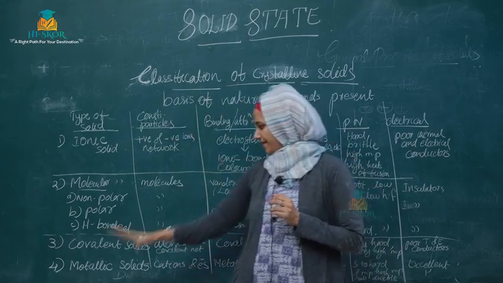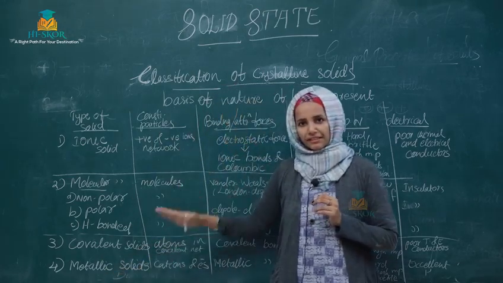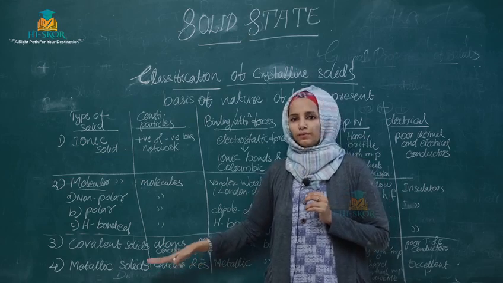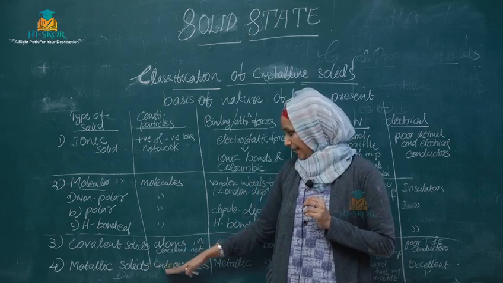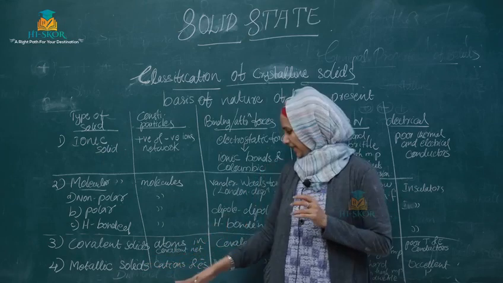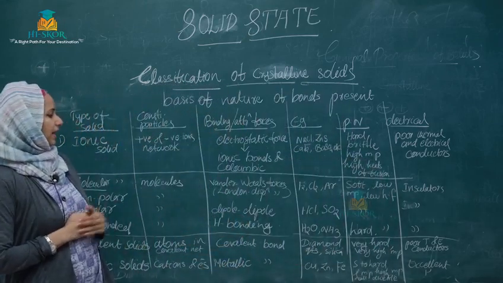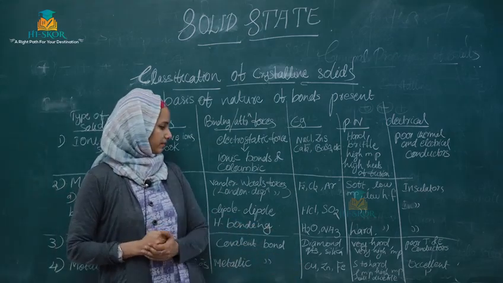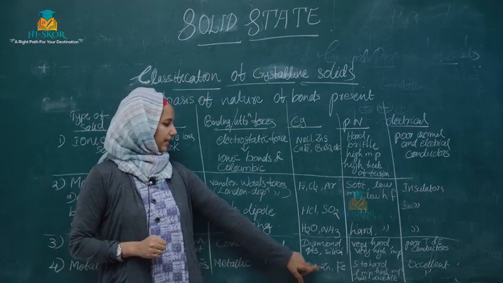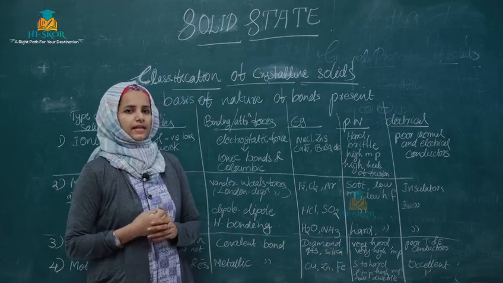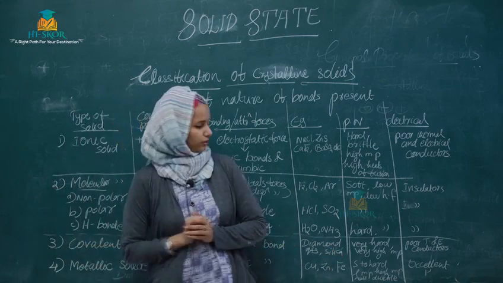So, in metallic solids, the constituent particles are cations with the presence of electrons, and the bond is a metallic bond. Now we can move to some examples: copper, zinc, iron, etc. are some examples of metallic solids.